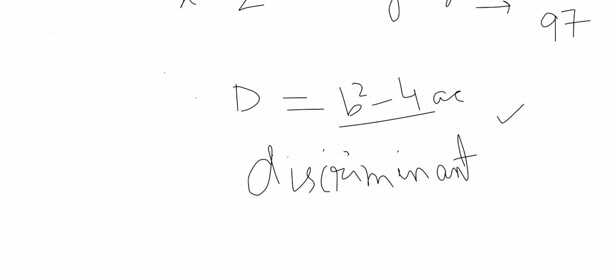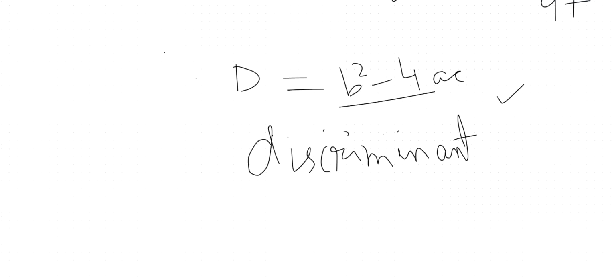I will now give you a question where you will have to compare the values of a, b, c and figure out what the discriminant is, right? So let us see one question. I'm giving you one quadratic equation, and you have to figure out the discriminant.